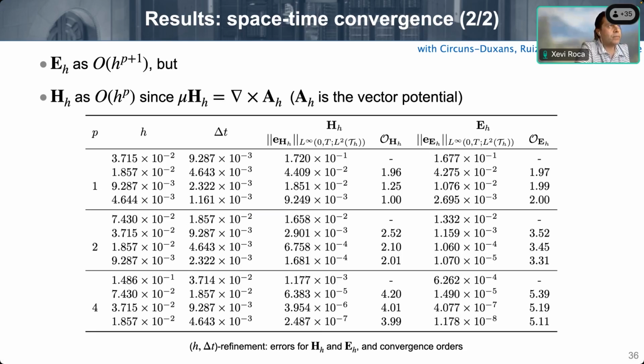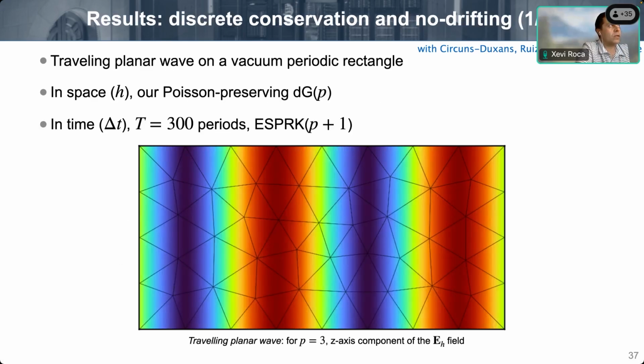Next slide. Okay. But we do all of this because we want to have some discrete quantities that follow a conservation law. To test it, why not consider a traveling planar wave on a periodic rectangle?